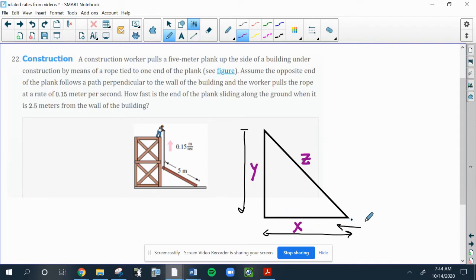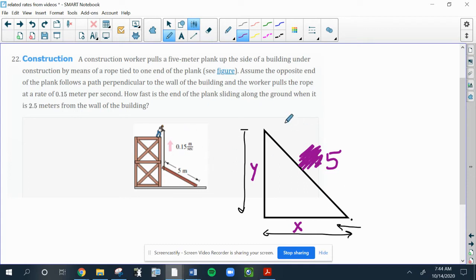X is a variable because it's changing, it's getting smaller. Y is a variable because it's changing, it's getting larger. But z is not a variable. So don't even label it with a variable, because when you take the derivative, it will be 0 because it's not changing. So that's one big thing on this problem.